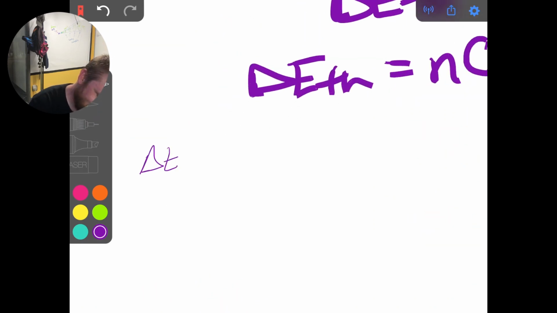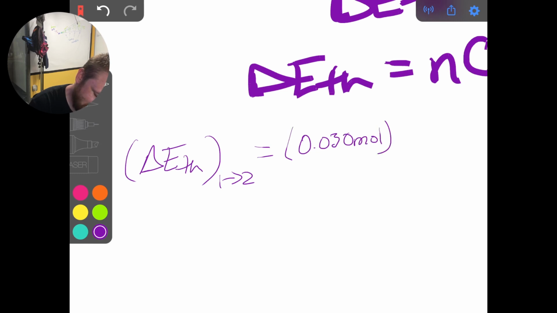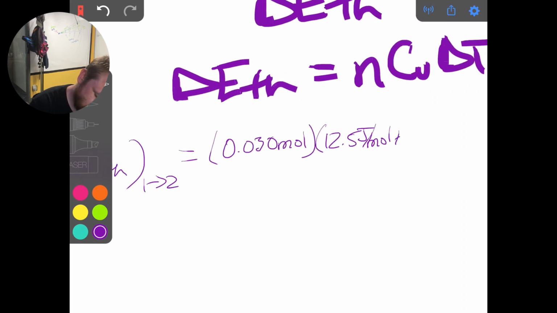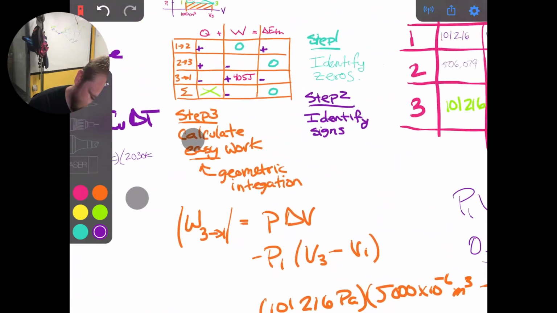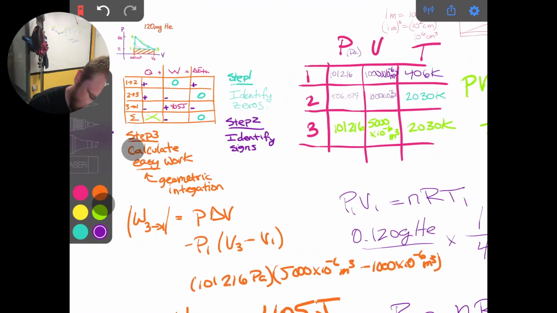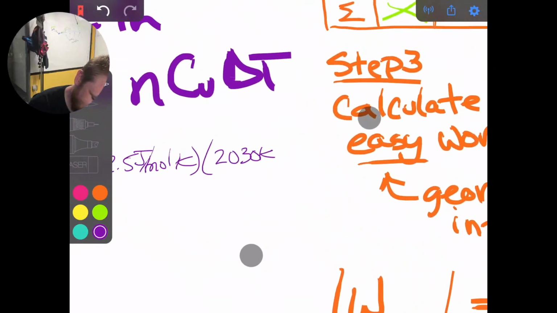So we have delta E thermal from 1 to 2. It's going to be nCV delta T, which is 0.030 moles, times CV, which we said was 12.5 joules per mole Kelvin, times delta T, which is going to be T final minus T initial. T final in this case was our 2030 Kelvin minus T initial, which was 406 Kelvin.